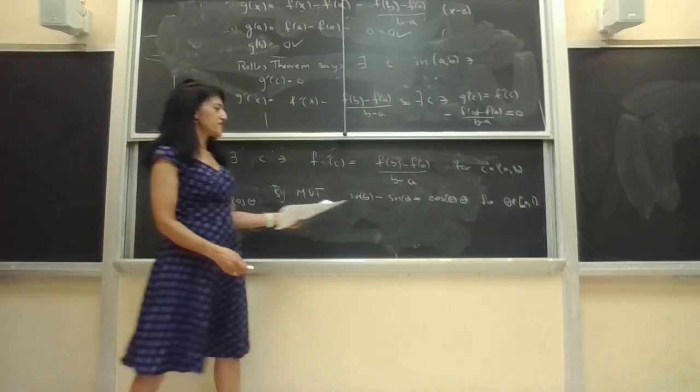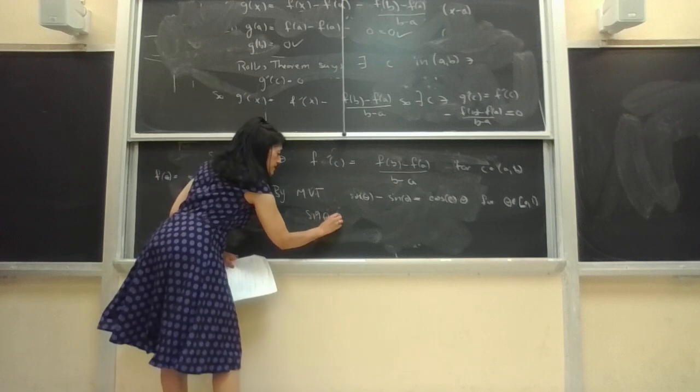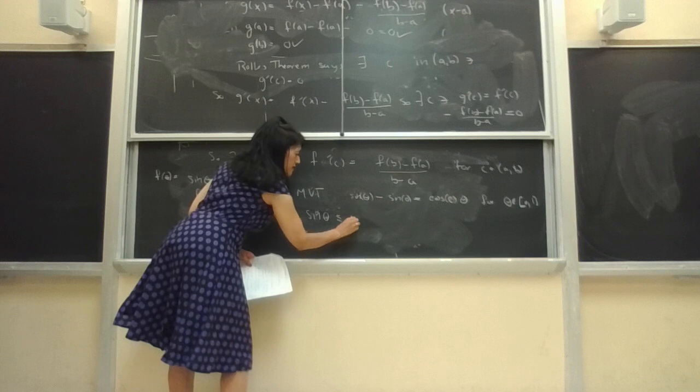And then if I just use that cosine is bounded by 1, I have sine theta is less than or equal to 1 times theta.